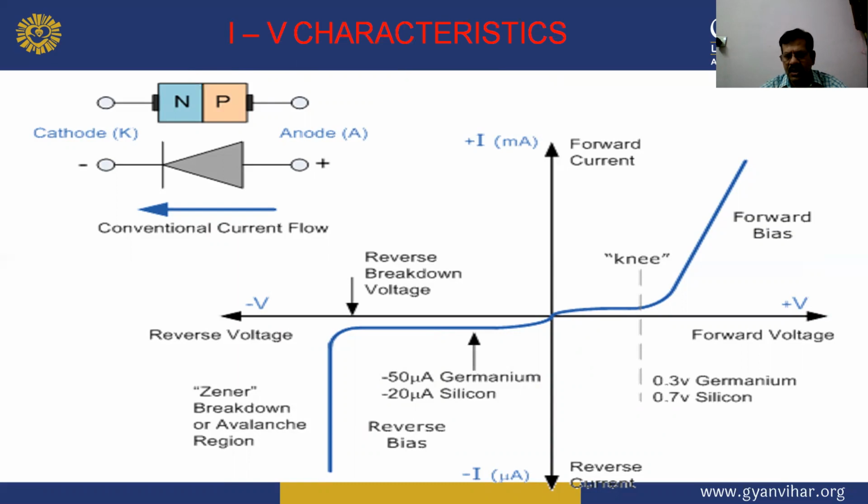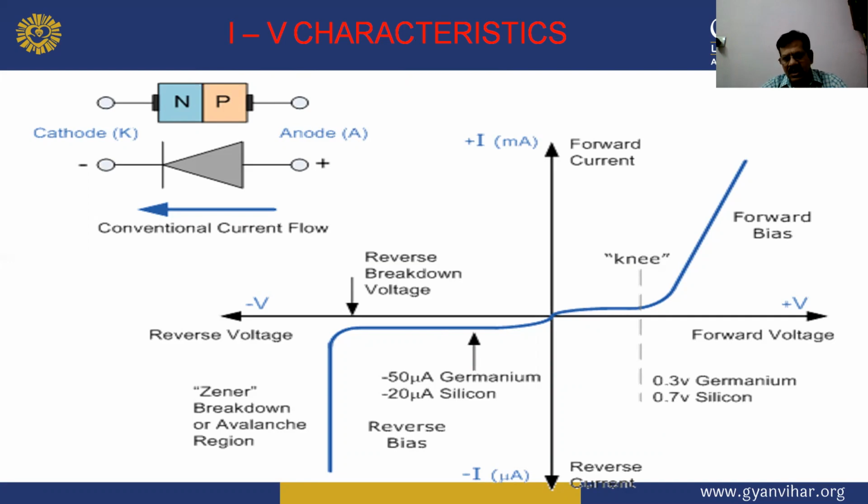Forward voltage is positive voltage, and reverse voltage is taken as negative voltage. Two characteristics are shown in this graph: one is the forward bias and the second is the reverse bias.